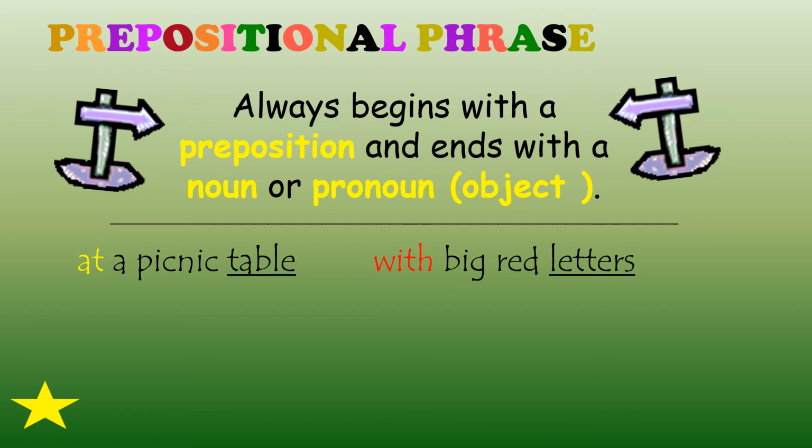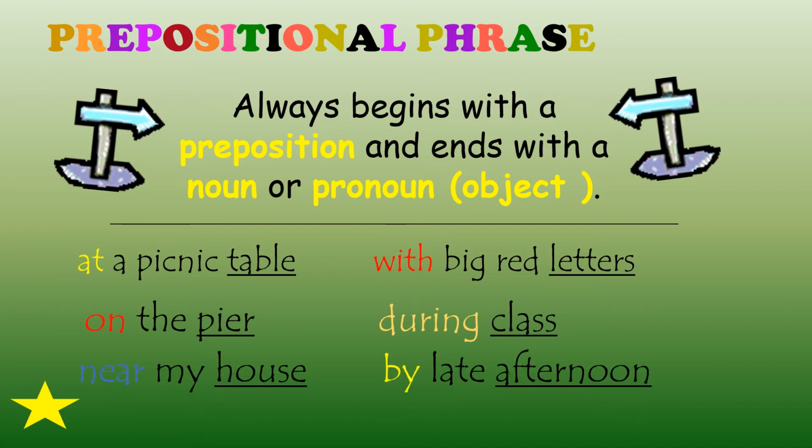Table is the object of the preposition. At a picnic table is a prepositional phrase. Other examples of prepositional phrases: on the pier, during the class, near my house, and by late afternoon.